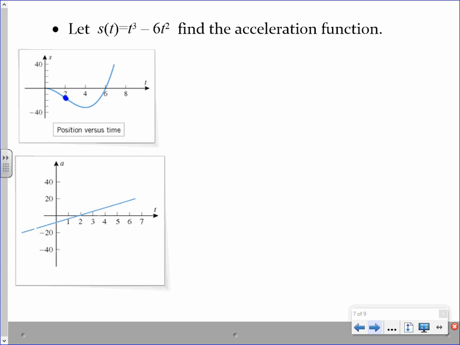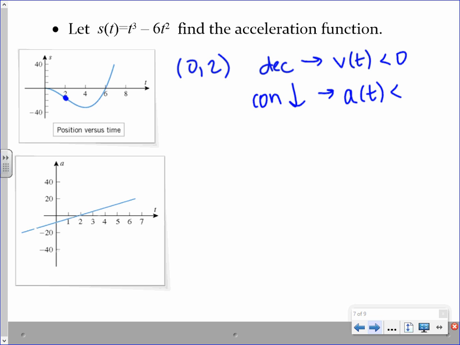So at 0 to 2, decreasing means our derivative is negative, right? Do you agree that this is concave down? From 0 to 2, we are concave down, which means our acceleration is negative. So from 0 to 2, this particle is speeding up, because our velocity and acceleration are both negative.